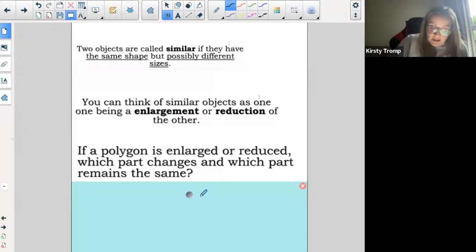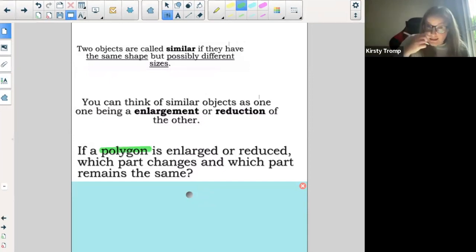If a polygon is enlarged or reduced, which part changes and which part stays the same? So before we talk about that, I just want to draw your attention to this word very quickly as a little bit of a reminder, and that's this word polygon.